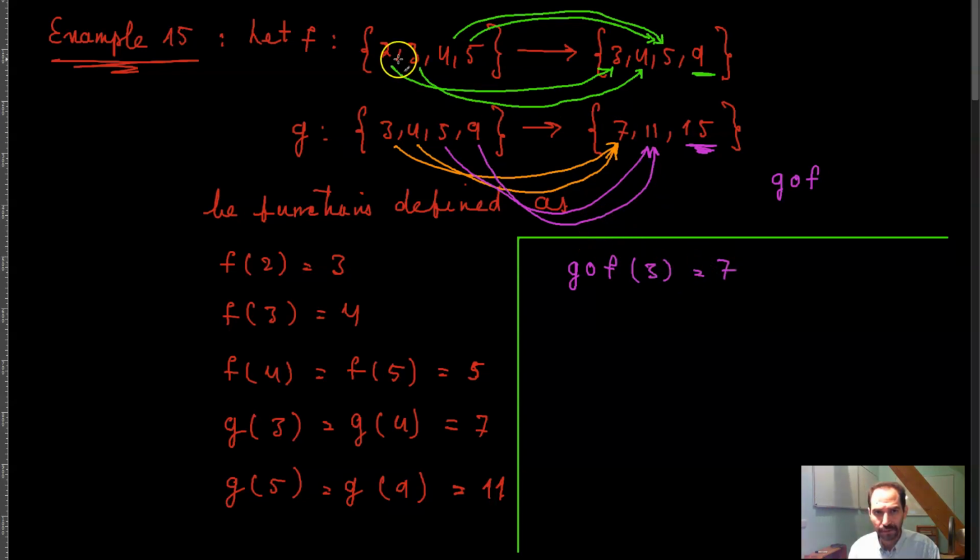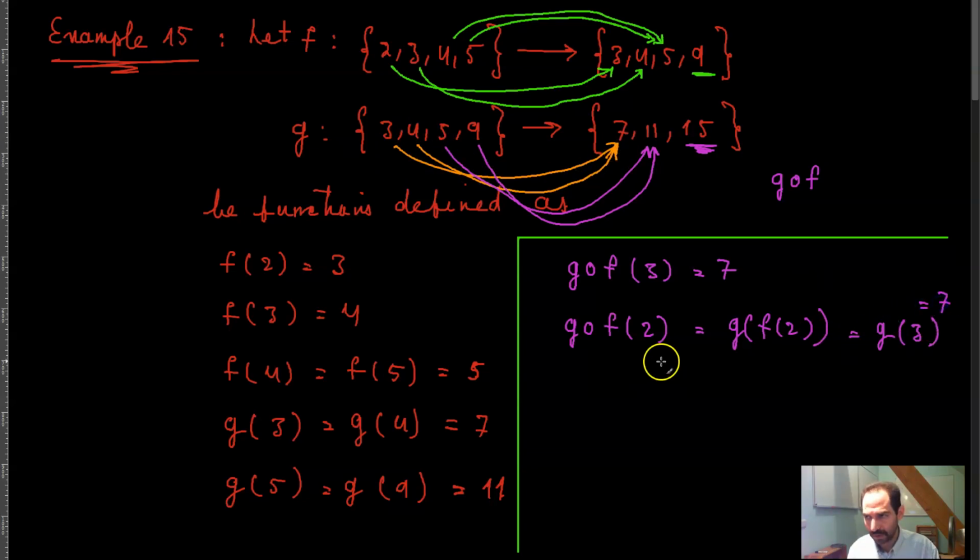So then you can see that, for example, g∘f of 2 is the same thing as g of f of 2, which is equal to, now f of 2 is equal to 3, so that means g of 3, and I know that g of 3 is equal to 7, so that is equal to 7, right?